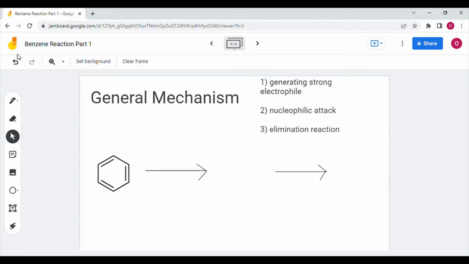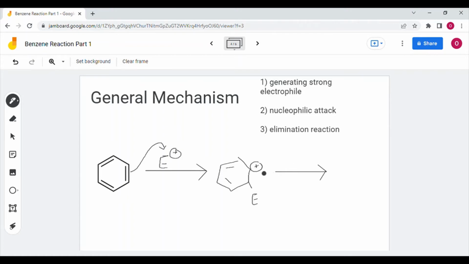Generally, if we were to draw this with actual molecules, after we generate our strong electrophile, which I'll note as E+, we then have a nucleophilic attack. This electron here is going to attack E+. Now we form a molecule that looks like this, and as we can see, here is now the new plus charge.